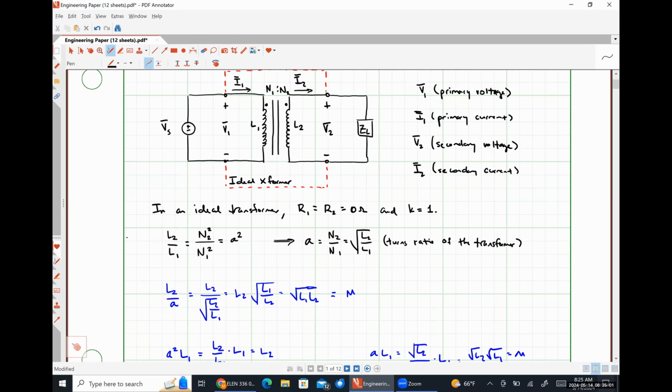So anytime we have positive polarity terminals at the dots, it is always A. Anytime exactly one of the positive polarity terminals is at an undotted terminal, it's negative A. If you want to mathematically prove that, I'm happy to, but I don't think it's particularly important.